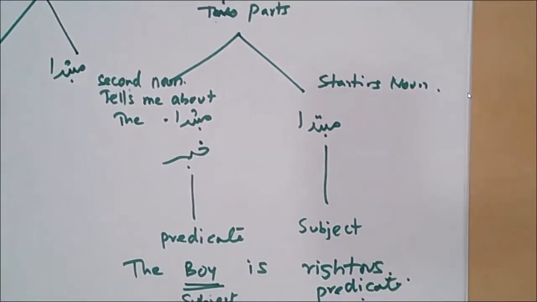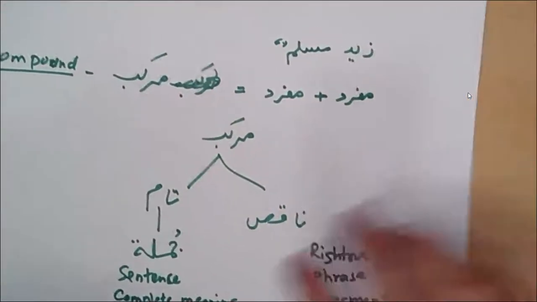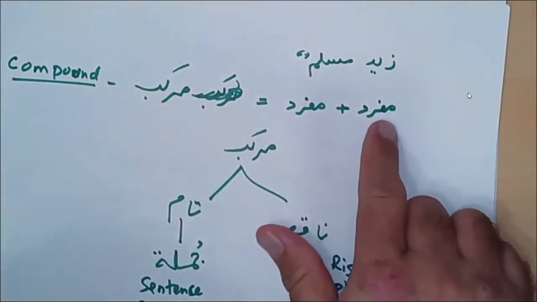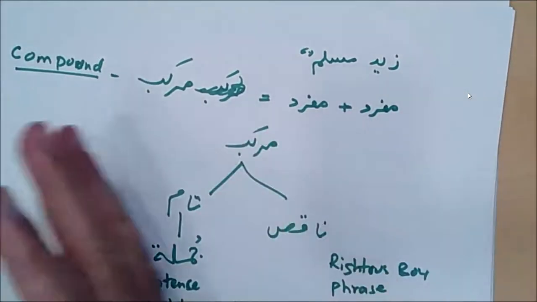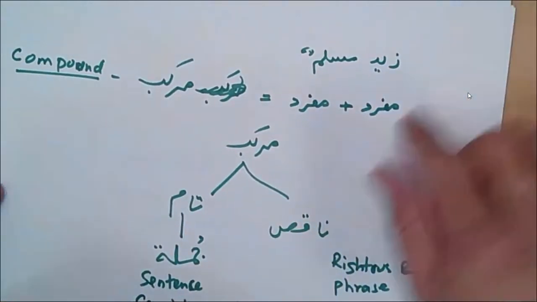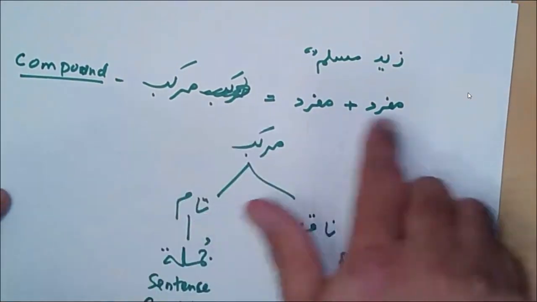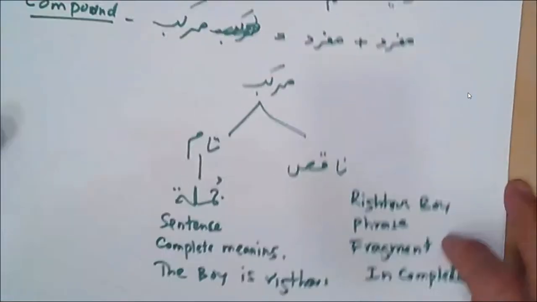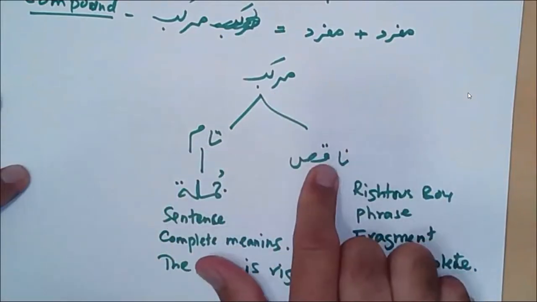Okay, so let's go back again. In Arabic language, we have something called a murakkab. Murakkab can be made by two single words or more single words or phrases and other fragments. But to keep it simple, we are trying to learn the mufrad plus mufrad example first. And when we add these two mufrads together in a sentence, we call it a murakkab. And murakkab is of two kinds, murakkab tam and murakkab naqis. Okay.